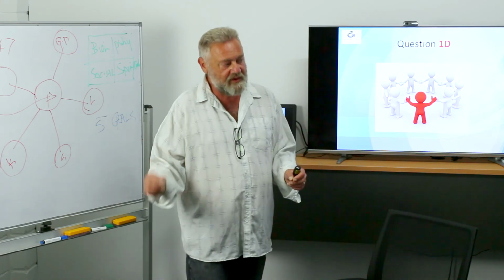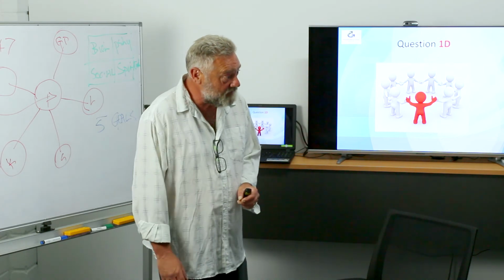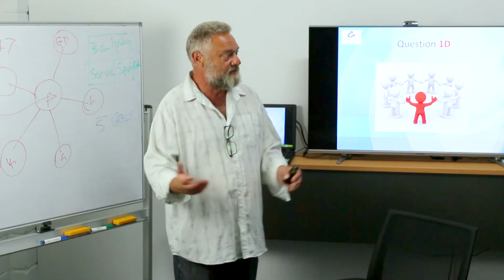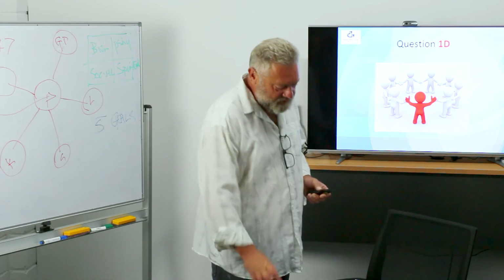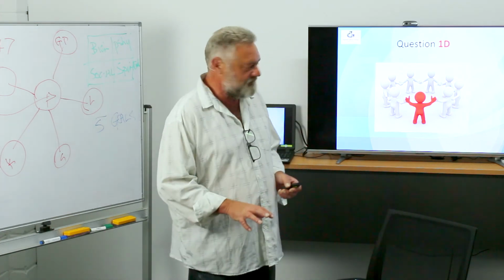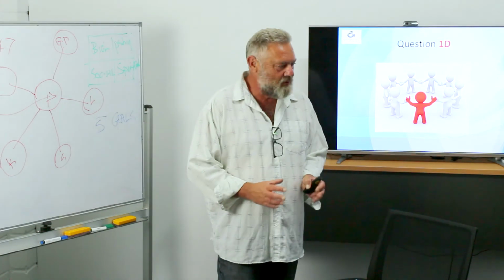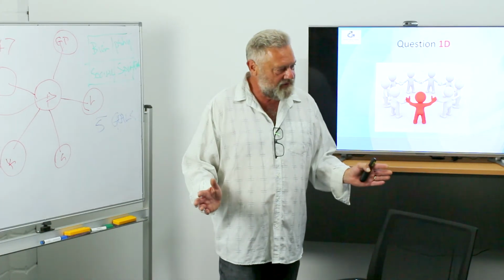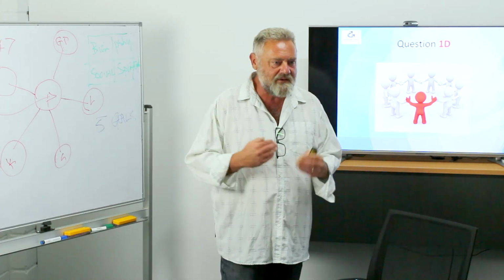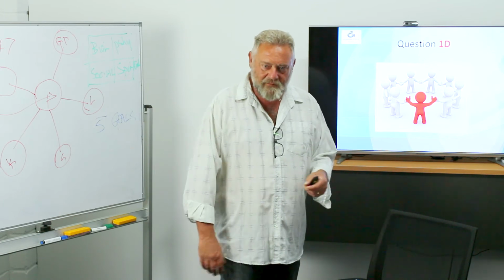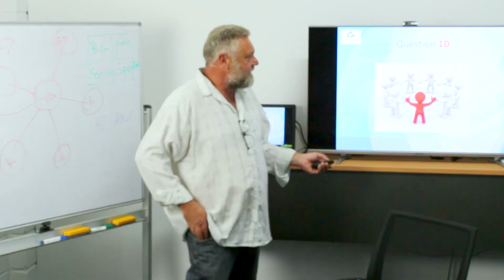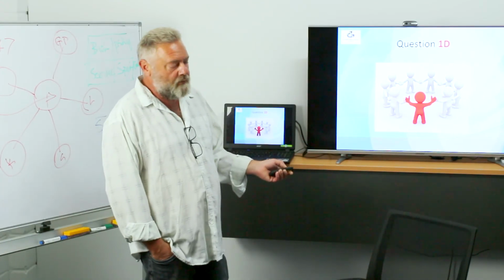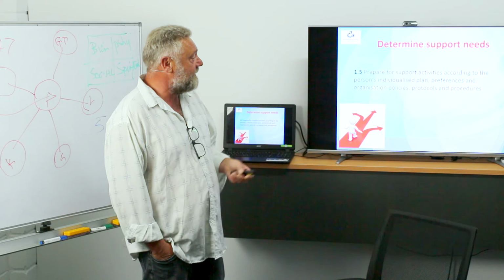But there's also people who are wheelchair bound, and it's very dangerous for them to go surfing. So with that table, don't make it too complicated for yourselves. It could be quite simple examples, but I'm hoping you've all got the gist of how we do it. So that's dealt with question 1D.